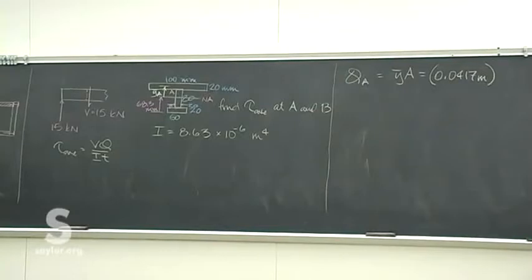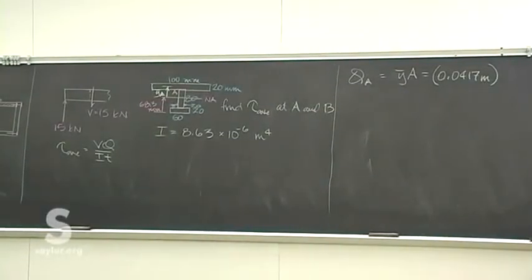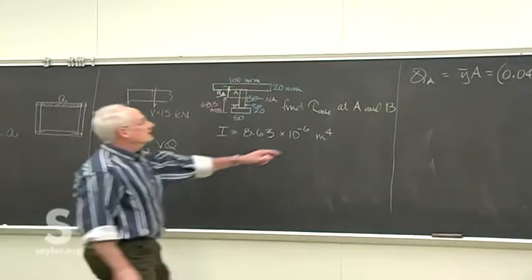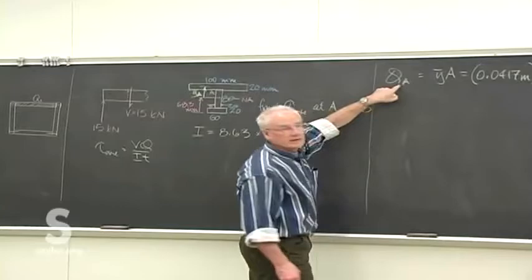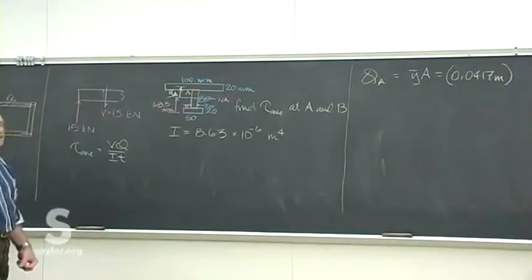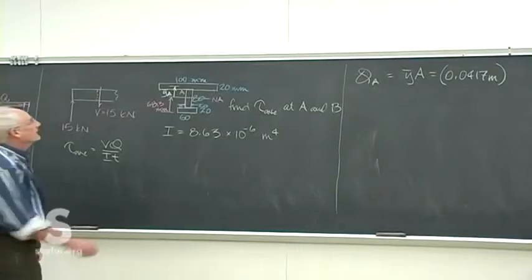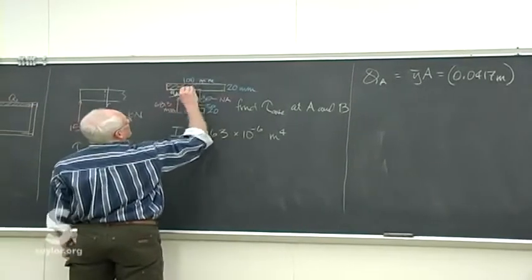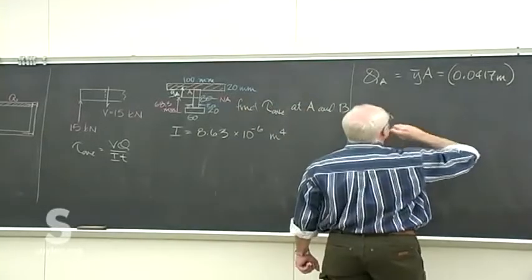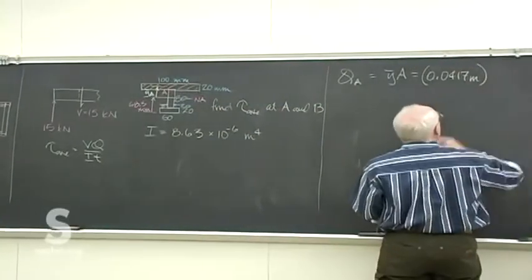And then the area of A, what did you use? Phil, what did you use for the area here to find QA? Oh, just 100 millimeters times 20. It's this area here.